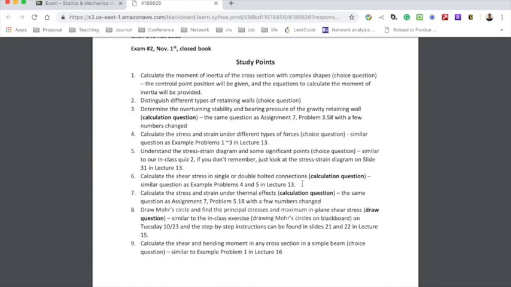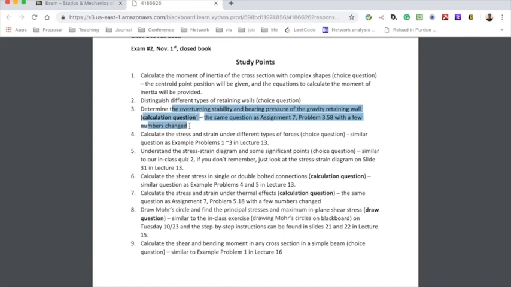The second calculation question is to calculate the shear stress. For this one, I will provide the equations you need, but you need to understand how to use the equations and which parameter indicates which value.